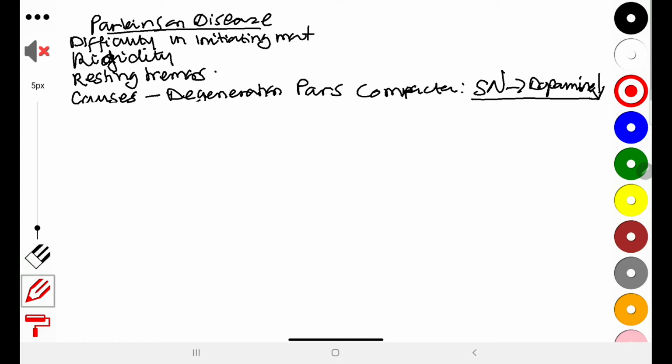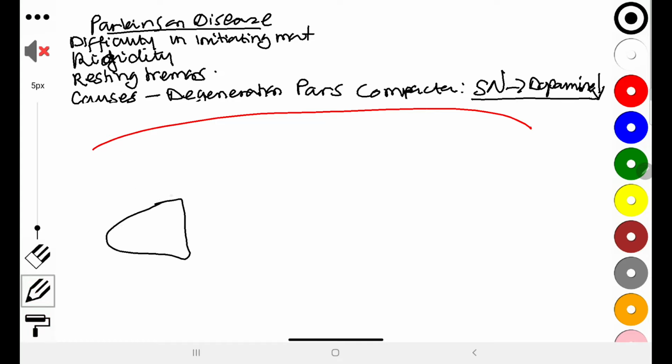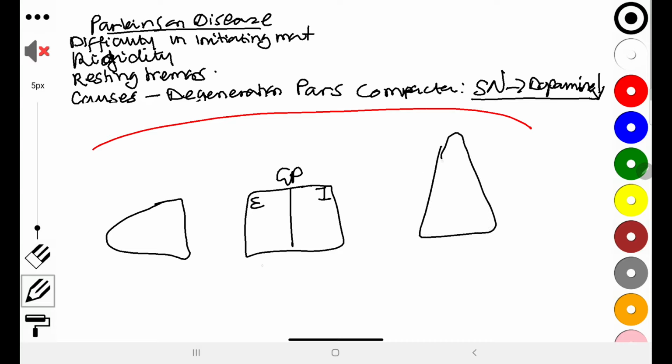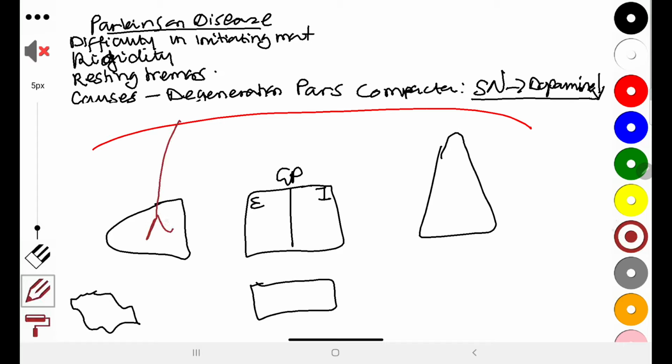So what we have here is the cortex, and then striatum. We have GPI, E, and then we have our thalamus. We also have our subthalamus, and we have our substantia nigra. So first of all, we have our thought motor cortex.